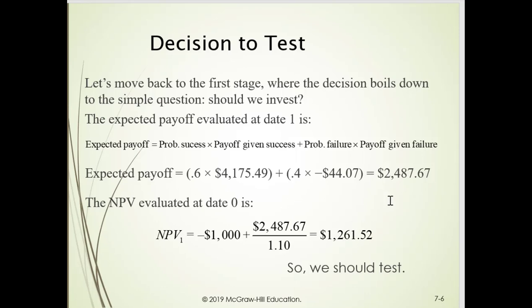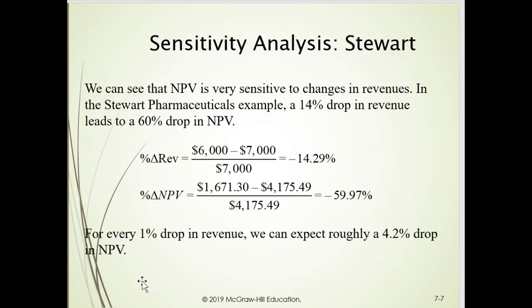So the net present value over the 1 year, for just 1 year, is $1,261. So what this says is the expected payoff at date 0, today, is $1,261. So that's our first step. It says, look, at least we should move forward with this project.